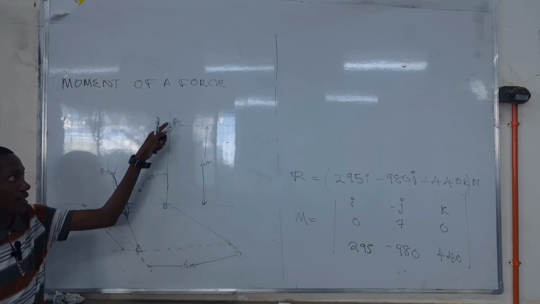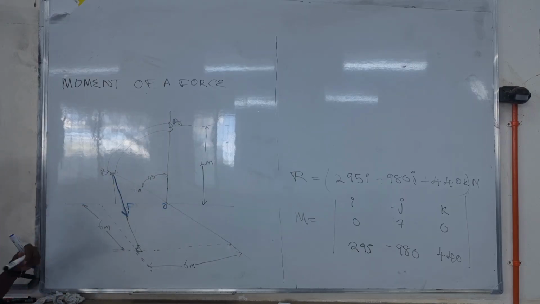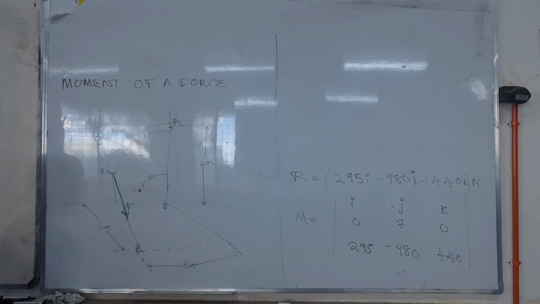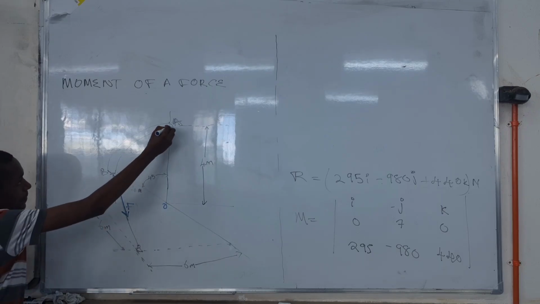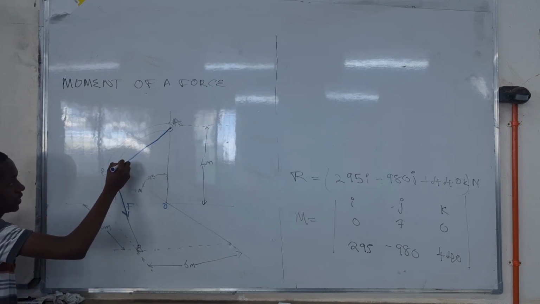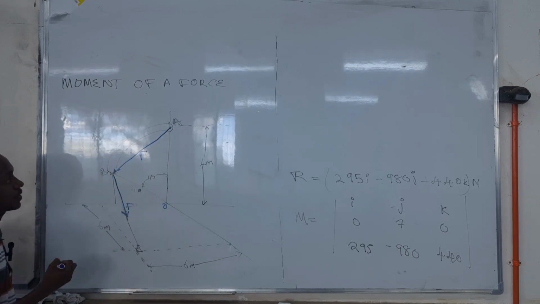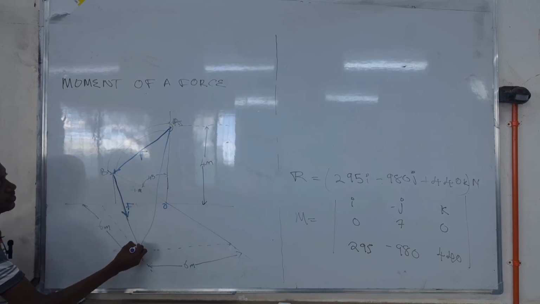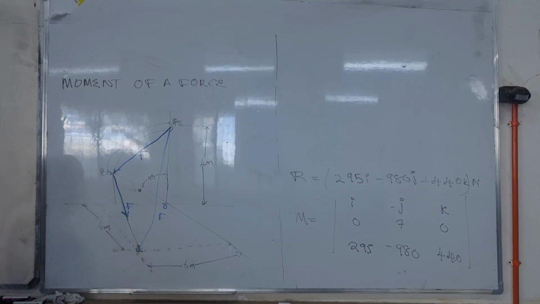Our R has to move from A to any point on the force. It can move from here to here, and this can be your R. Or it can move from here to here, and that can also be your R. You can pick any other point.